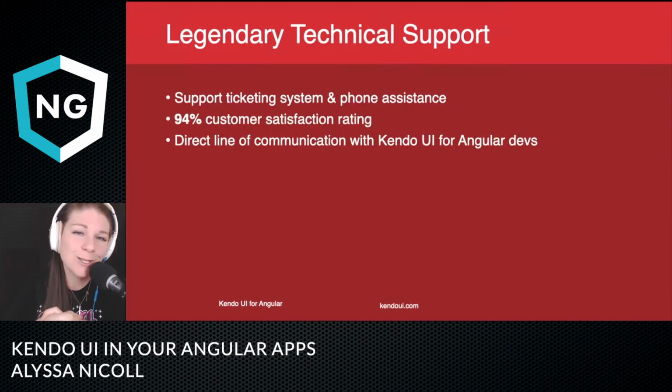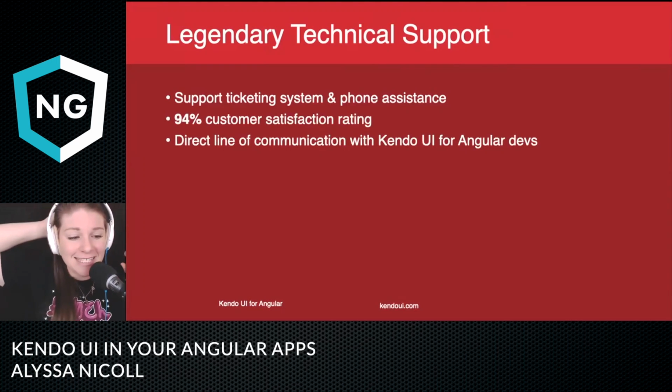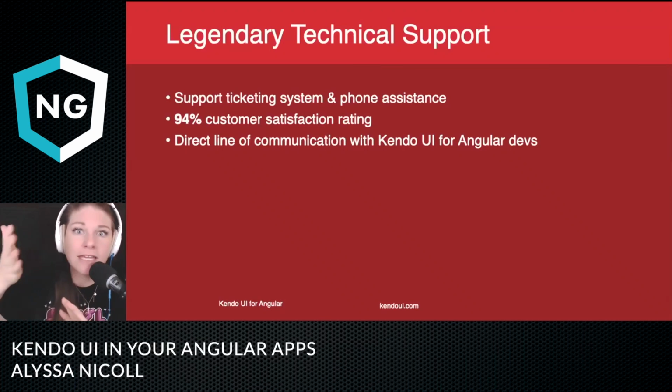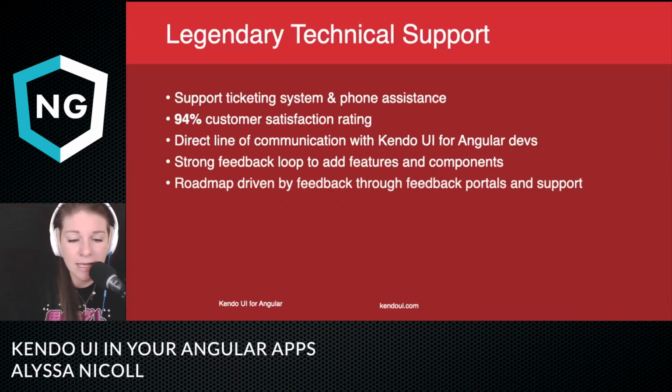Those are the devs I was just referring to, where I've seen just how seriously they take customer feedback. Even this morning we were on a call and they were interjecting, no, we had a client that really did request this, this is important. I love our feedback loop. A strong feedback loop to add features and components, and a roadmap driven by feedback through the feedback portal and support.